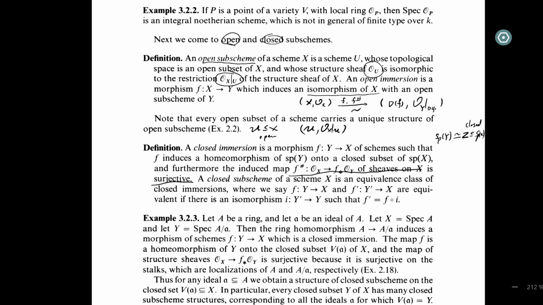It's not. Okay, a closed subscheme of a scheme X is an equivalence class of closed immersions. What is the equivalence class?